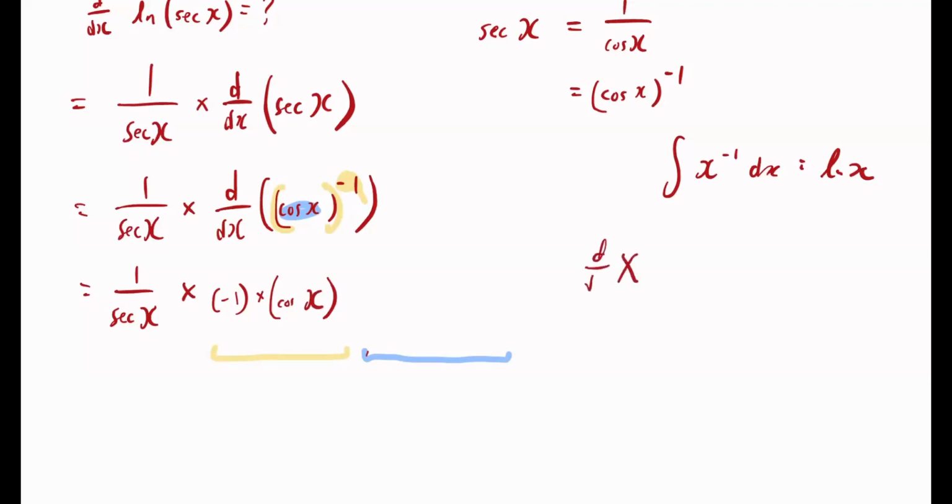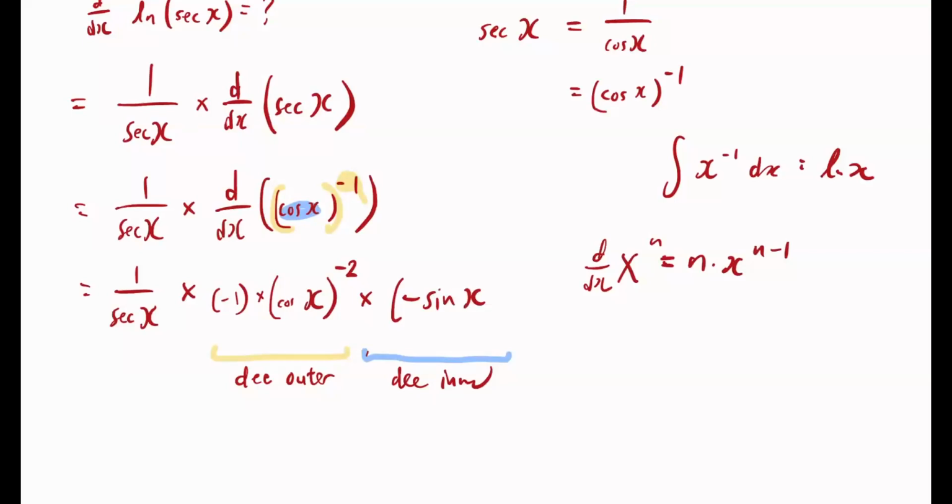Differentiate x power n, you get n times x power n minus 1, right? n can be negative. So negative 2, yes. Then chain rule, times negative sine x. Yes, negative sine x.